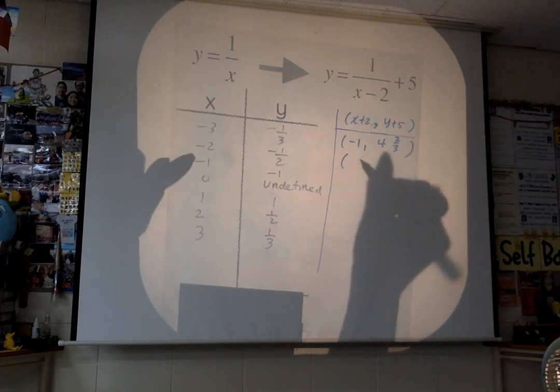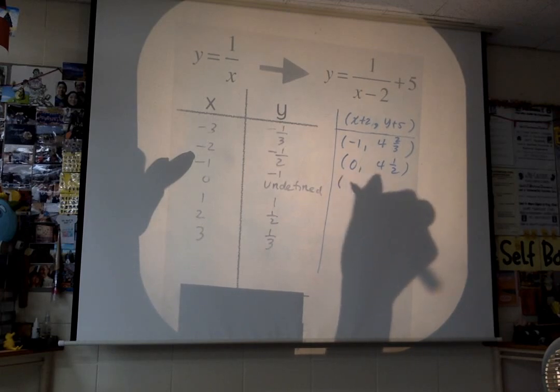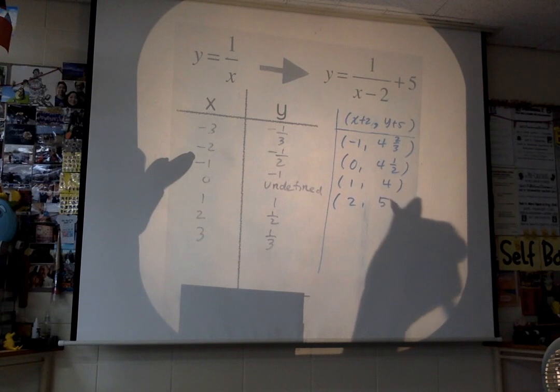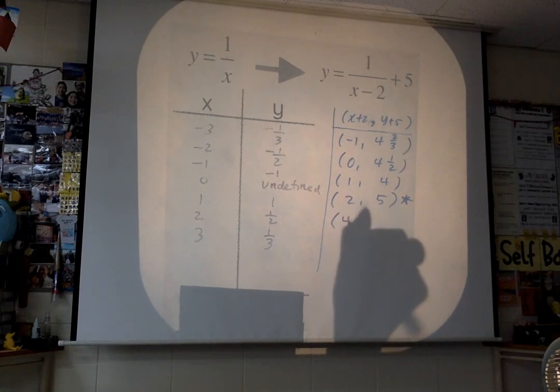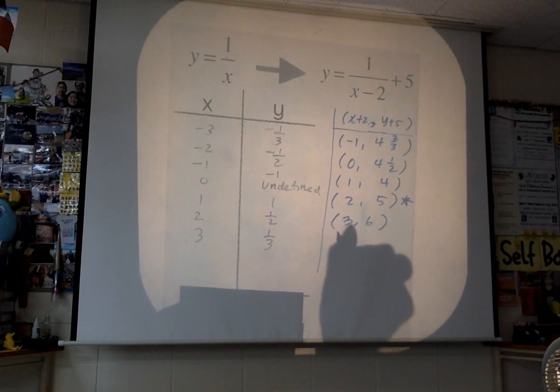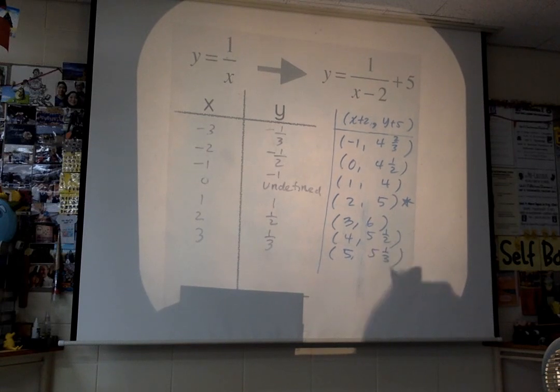So go ahead and finish the rest of the coordinates. You should have got this. I'm putting a star there because you know 2, 5, it's undefined. Check if you have these coordinates.